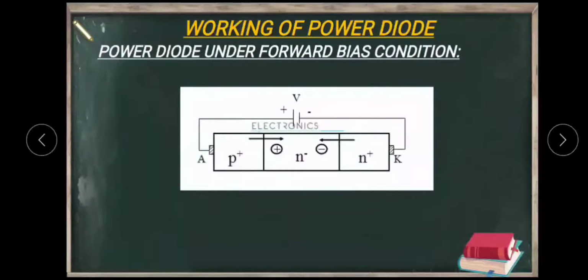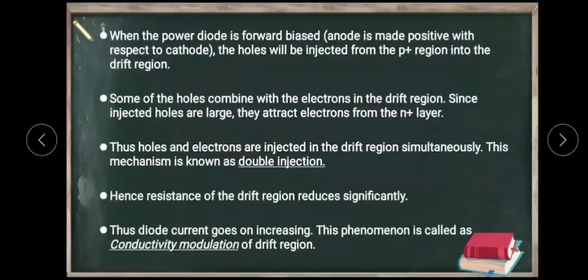The working of the power diode is as shown in the next slide. As already studied, when the power diode is forward biased, holes are injected from the P plus region into the drift region. The holes combine with electrons in the drift region. Since the injected holes are large, they even attract electrons from the N plus region.